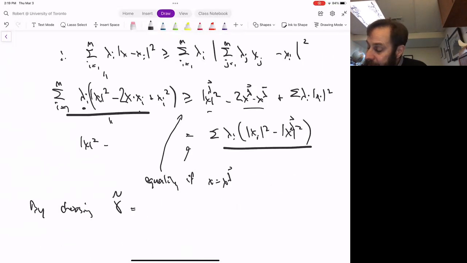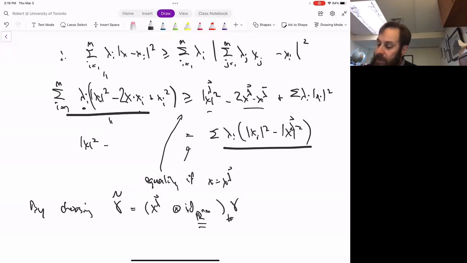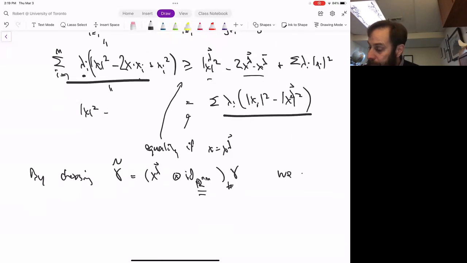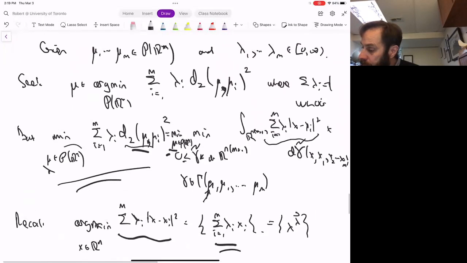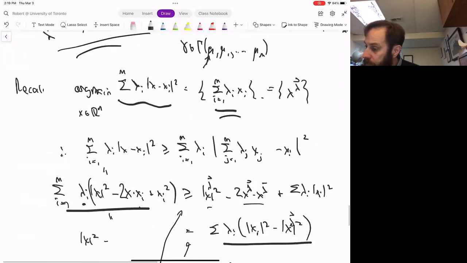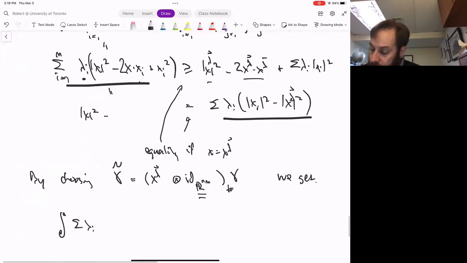So by choosing gamma tilde equal to the identity on our NM cross the mapping x lambda, which is a function of NM variables, we get this integral against gamma tilde.